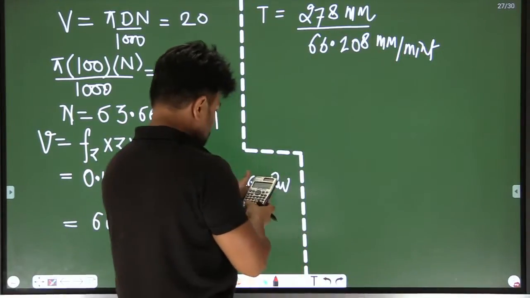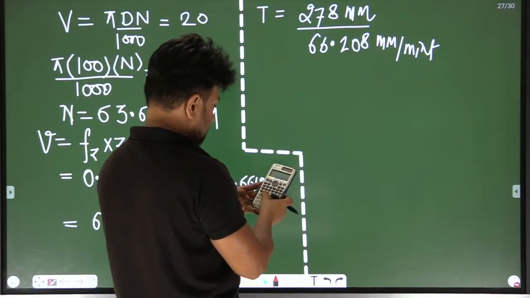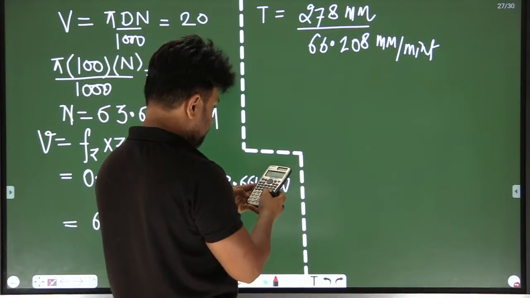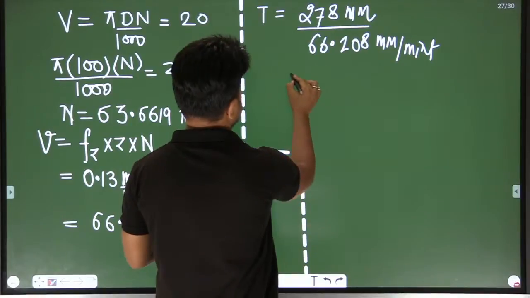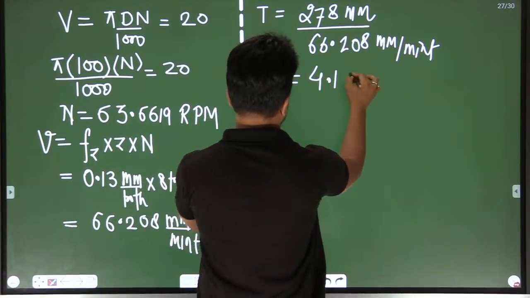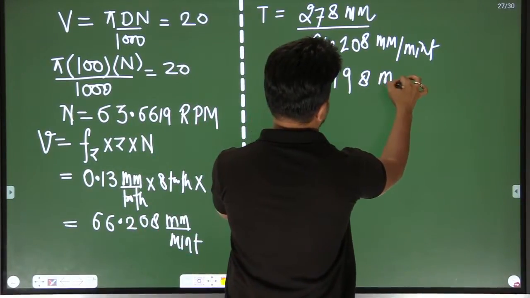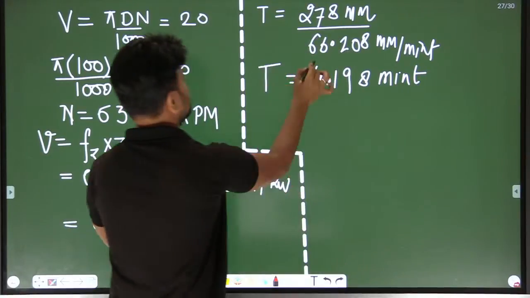So 278 divided by the answer is 4.198 minutes. This is the machining time.